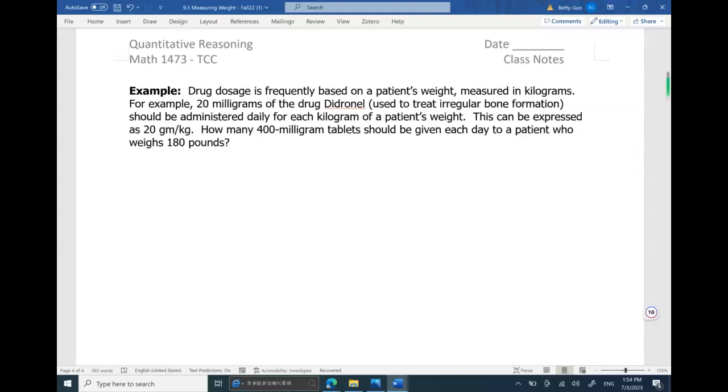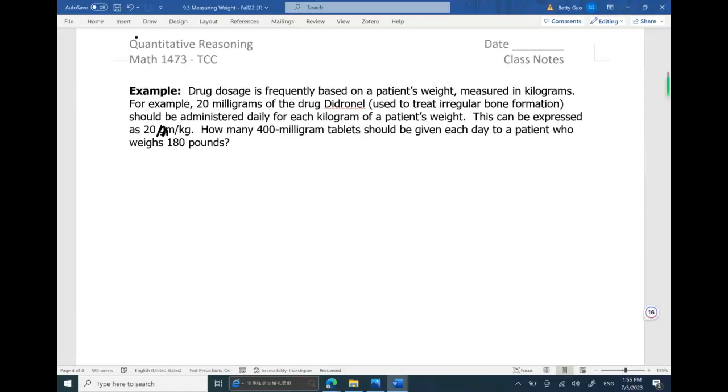This can be expressed as 20 grams per... milligrams, right? Is this a typo? I think this is a typo.